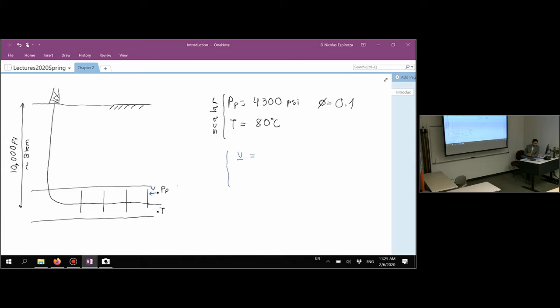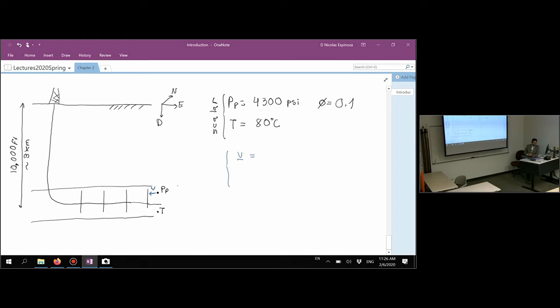And because it has a direction, now I need a coordinate system. And that coordinate system, we're going to use the same one that we were using before, in which we have here the north, the east, and depth.